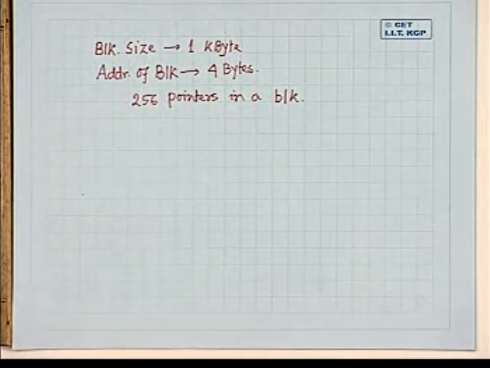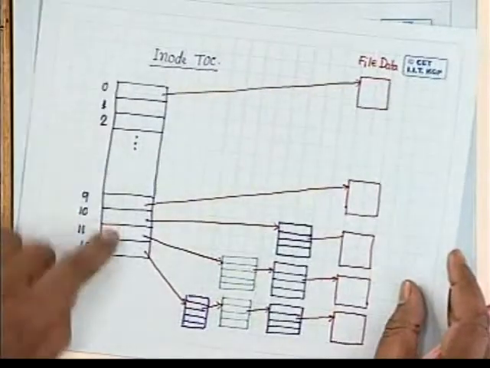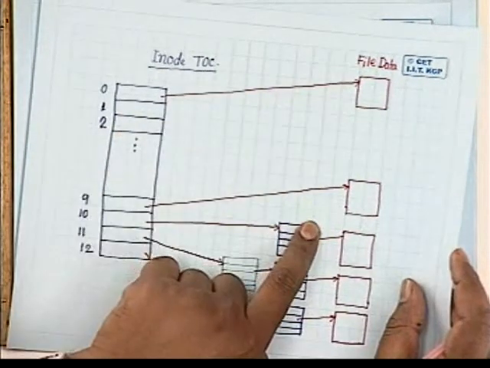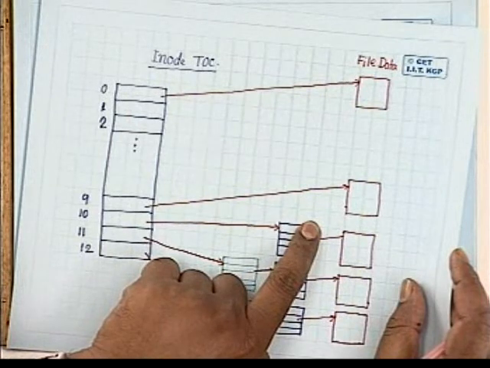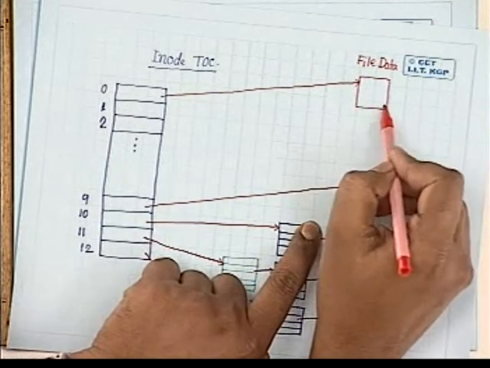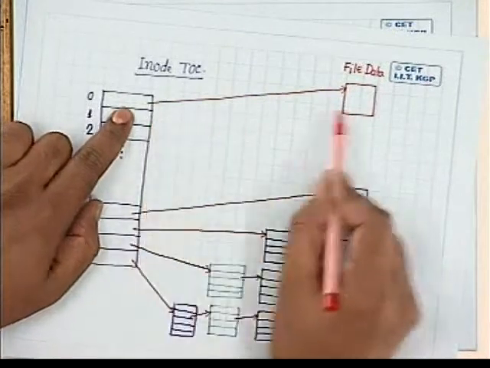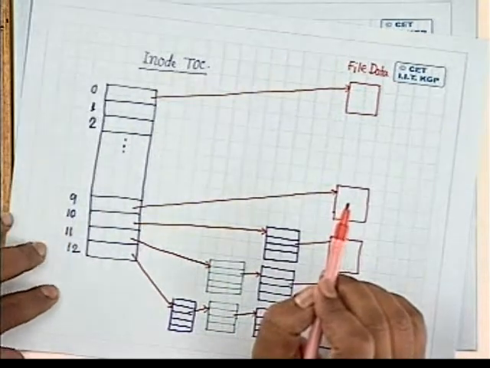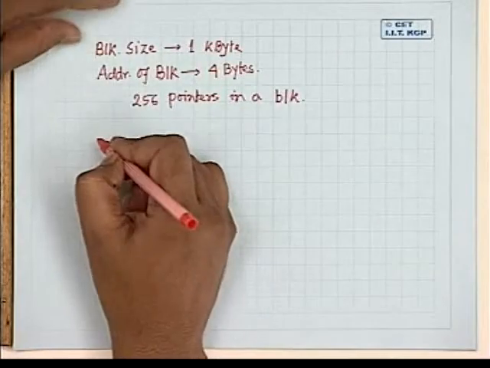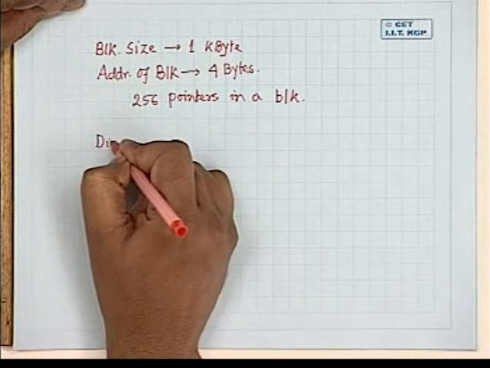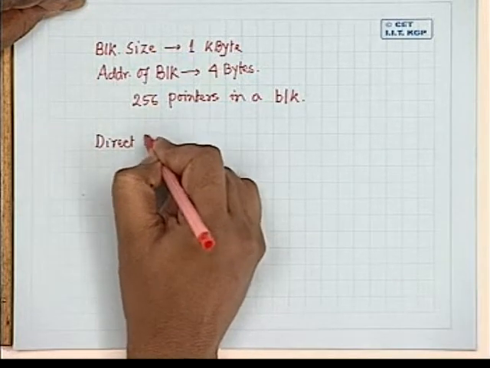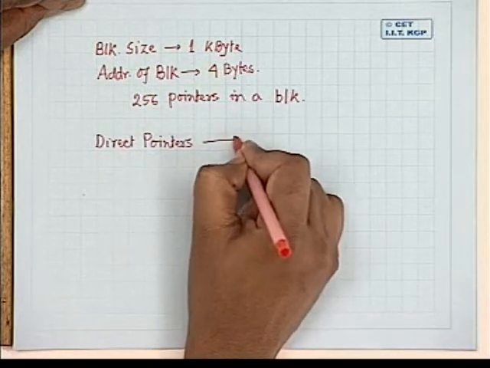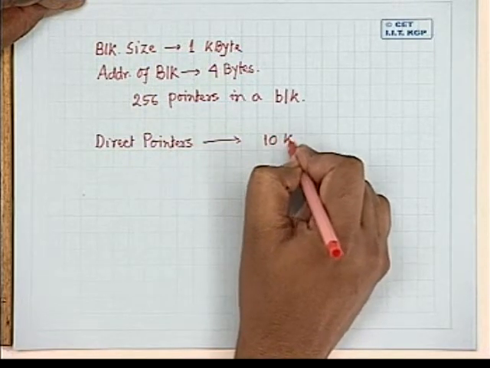Now coming to this inode table of contents, if I only follow the direct pointers, what is the maximum size of file? Every block is 1 kilobyte. Direct pointers point directly to data blocks. That is 10 kilobytes. Okay. So simply following the direct pointers, I can access a file size of 10 kilobytes.